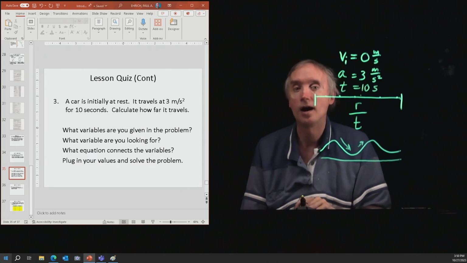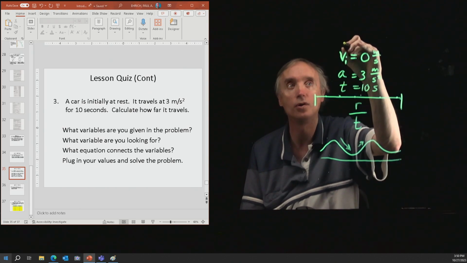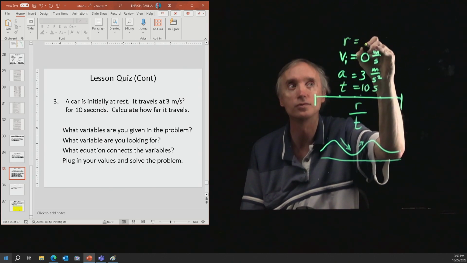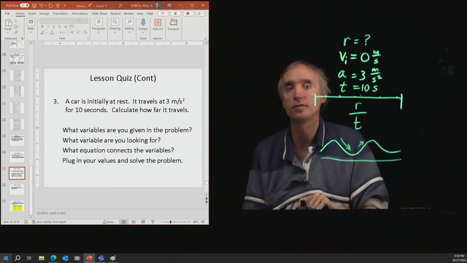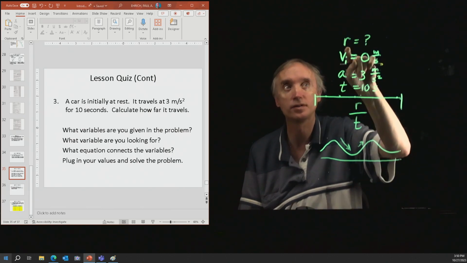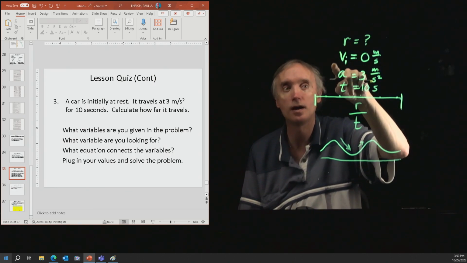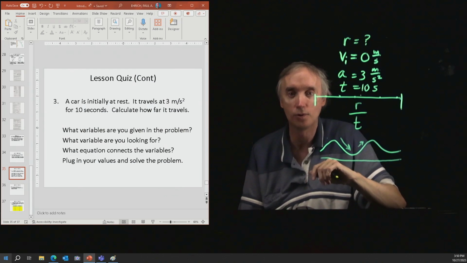And so we need to know how far it is going to go. So we need to know r equals what. So that's the goal, is to figure out the r. So then what equation has an r and a v sub i and an a and a t? Well, it's the how far equation.